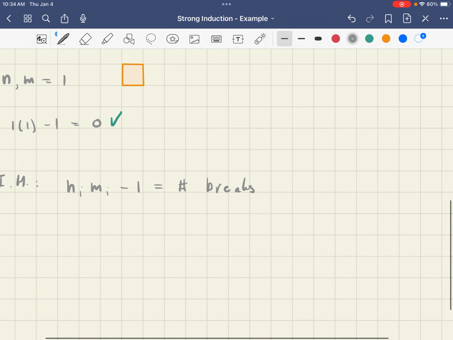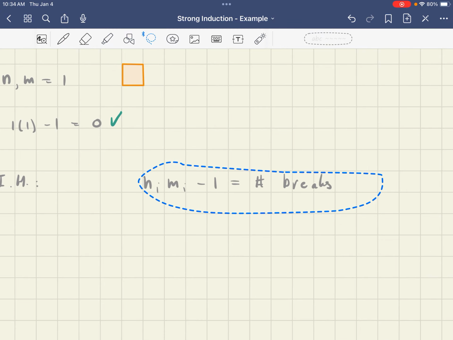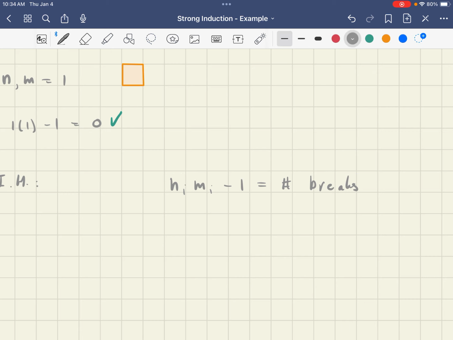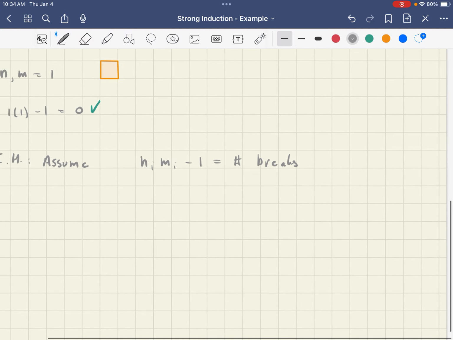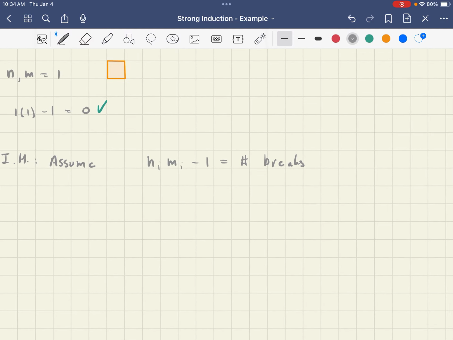Maybe it'd be better practice to put an assume before this. So say assume Ni Mi minus 1 equals the number of breaks.